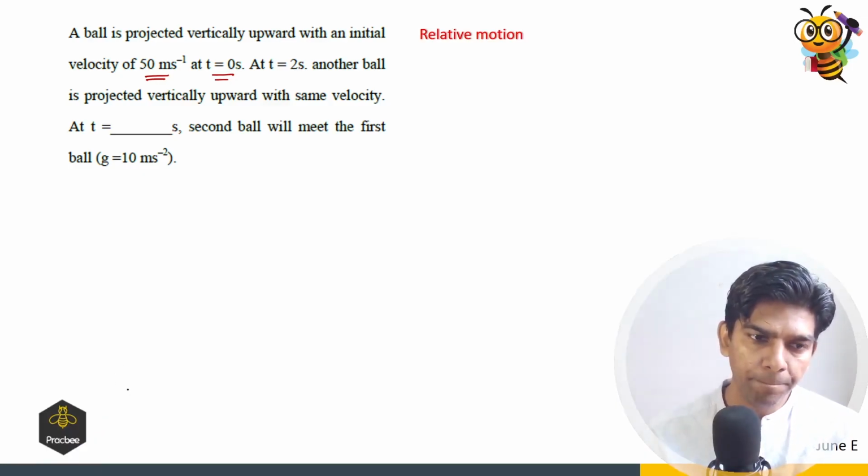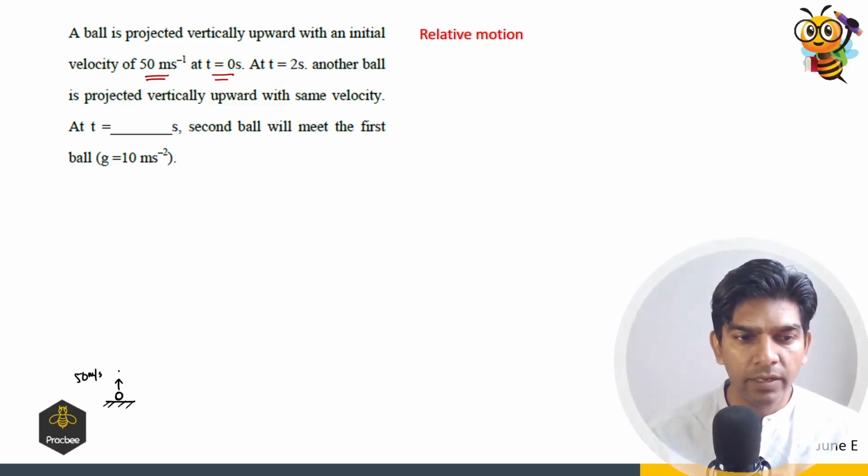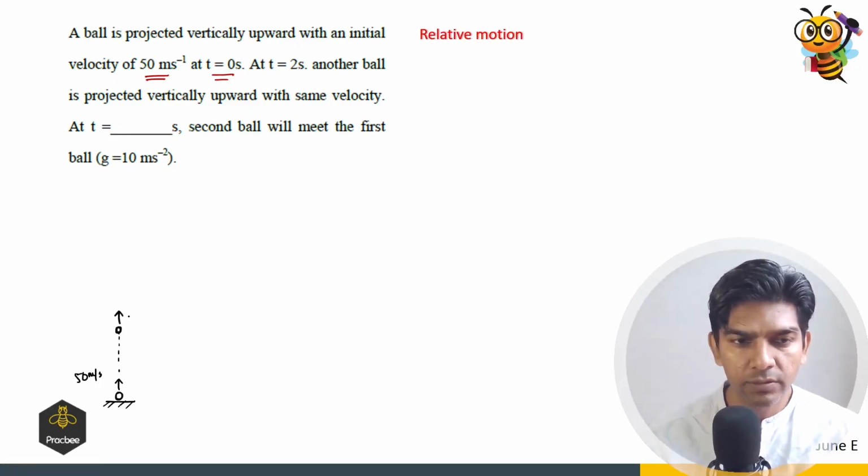Right, so from the ground, we have thrown a ball in the upward direction with a velocity of 50 meters per second. And after 2 seconds, let us say it has reached this particular position. What should be the velocity? Let us find this v.